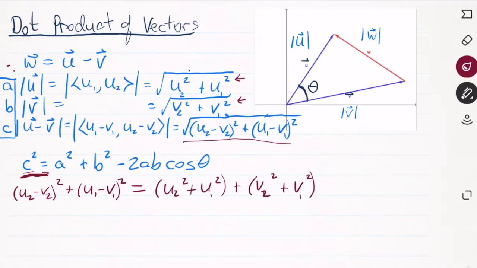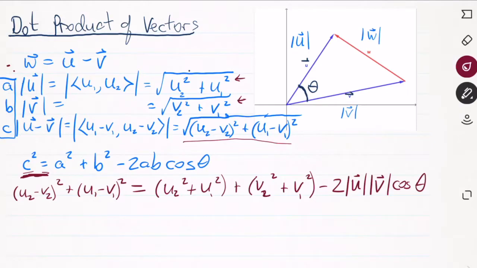And I'm going to leave the minus 2 and the a and the b are the magnitude of u and the magnitude of v. I'm going to leave it in this notation. And then finally, cosine of the angle that is between the vectors. Alright, so it's a long, ugly mess mathematically, but it'll simplify in a few seconds.